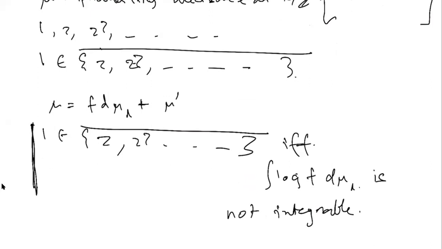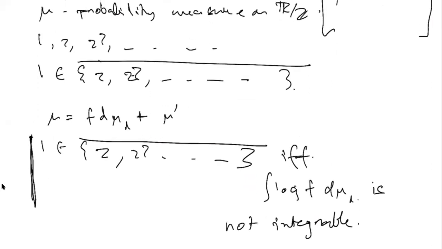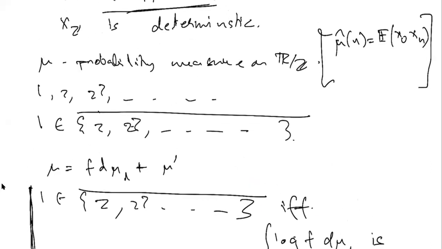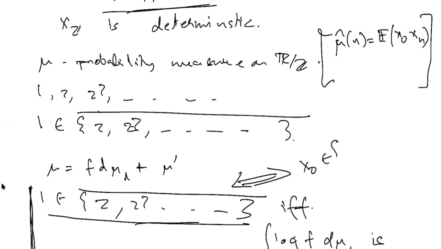This is completely equivalent to whether x0 is in the closed linear span of x1, x2, and so on. So can you predict x0 in a linear fashion corresponds to this fact.